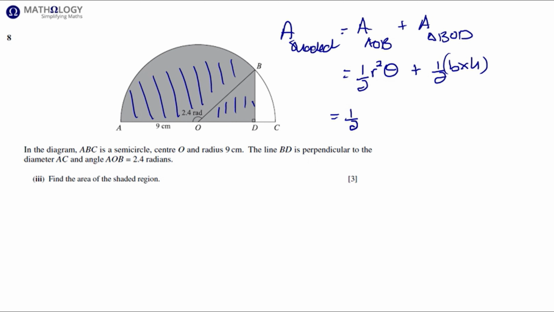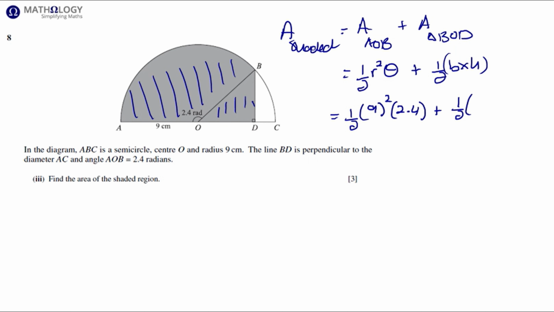So the area of the sector, the radius is 9, so it's going to be a half times 9 squared times theta, which is 2.4 radians, plus a half times the base of the right angle triangle BOD is OD, and the height is BD. It doesn't matter which one is base, which one is height. The two are perpendicular to each other, so one is the base and one is the height.